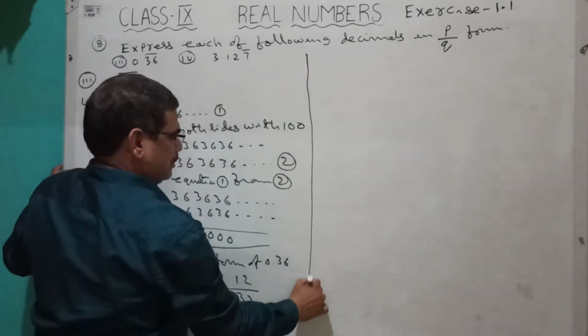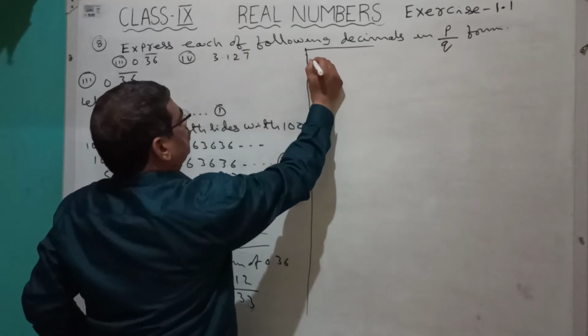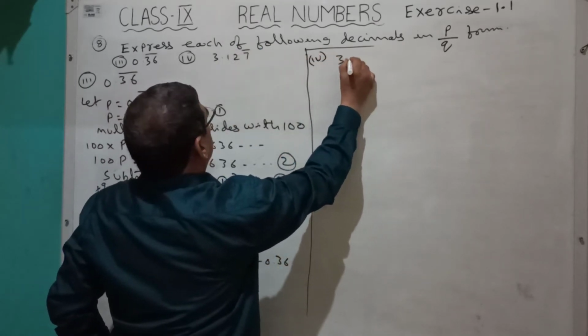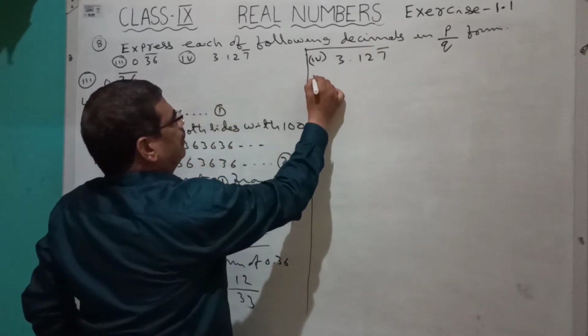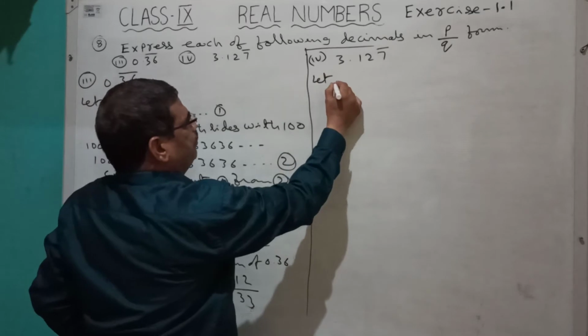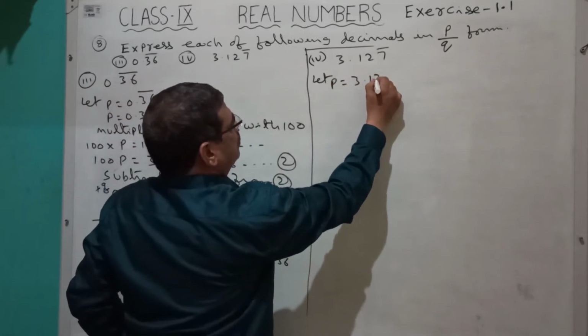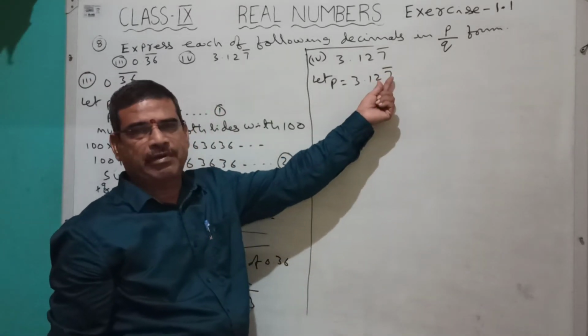Second, the fourth question: 3.127 bar. In a similar way, let P is equal to 3.127 bar. Here the repeating term is only 7.